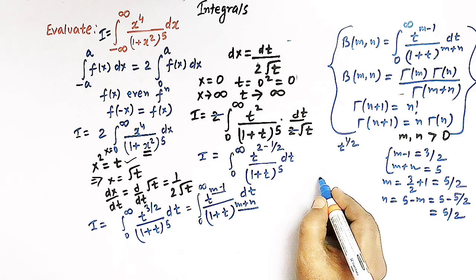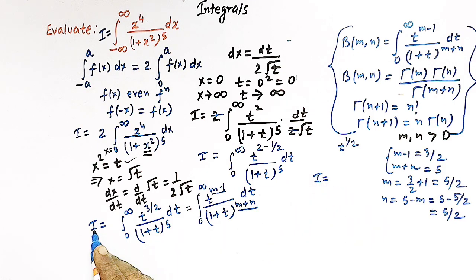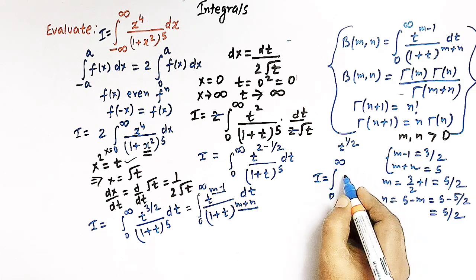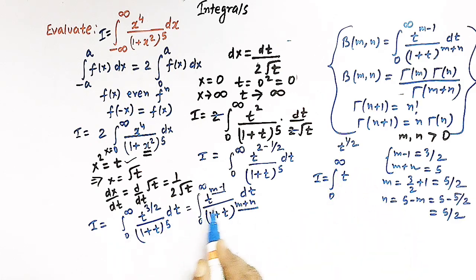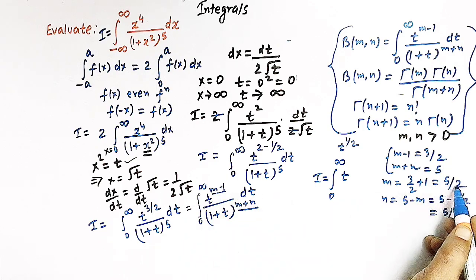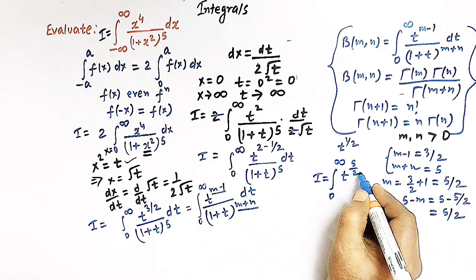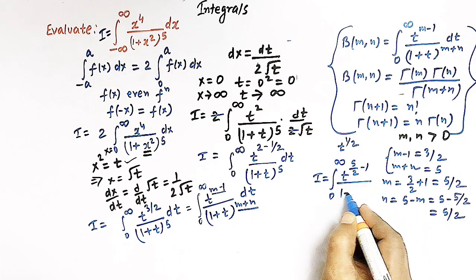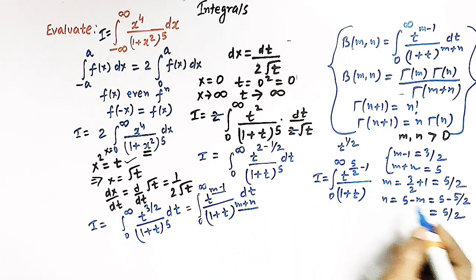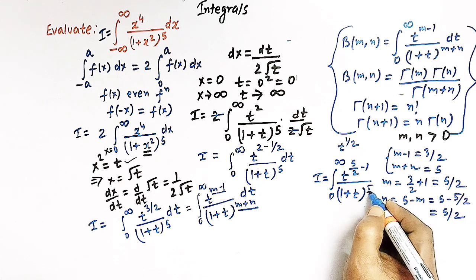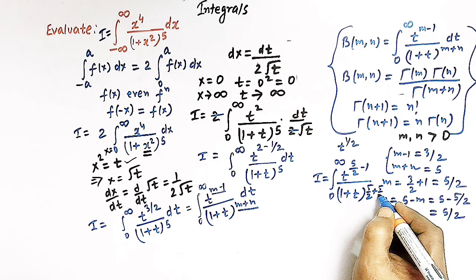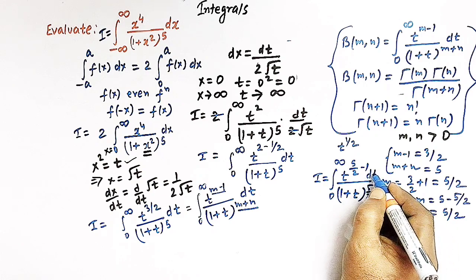So now this integral I can be written as 0 to infinity, t raised to m minus 1, so m is 5 by 2, so here we can write 5 by 2 minus 1, over 1 plus t raised to m plus n. So m is 5 over 2, and n is also equal to 5 over 2, and here we have dt.